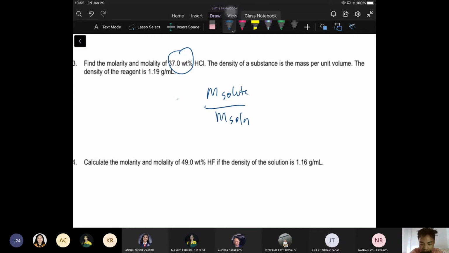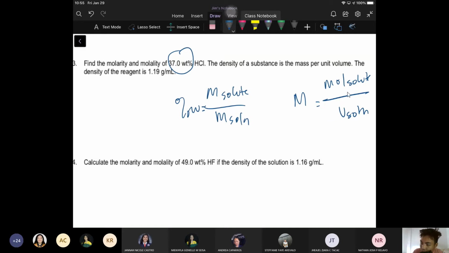So yun yung percent weight times 100%. Tapos, ang molarity, this is mole solute divided by volume solution. Nakikita nyo yung relationship ng dalawa? Medyo similar sila. In the numerator, they both have the mass quantity of your solute. One is in mole nga lang, pero yung isa naka-mass.